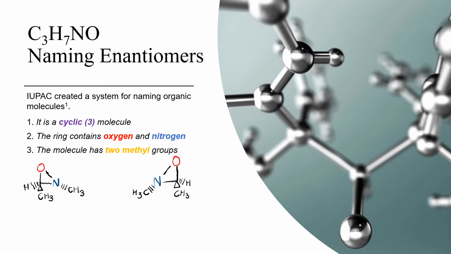So it would be N,3-dimethyl. Now we must list the oxygen and the nitrogen. So 1-oxa, 2-aza, listing where the oxygen and the nitrogen are in the ring, the oxygen taking the position 1 over the nitrogen as it has priority, and finally finishing the molecule with cyclopropane.